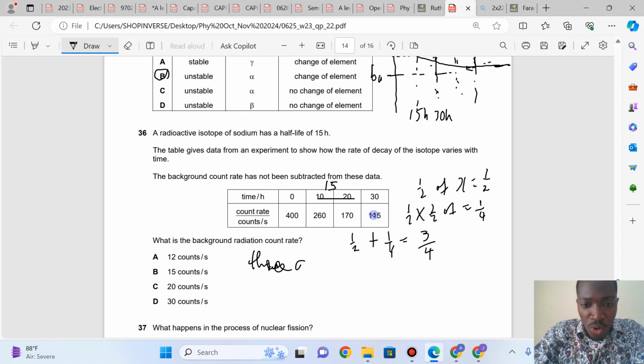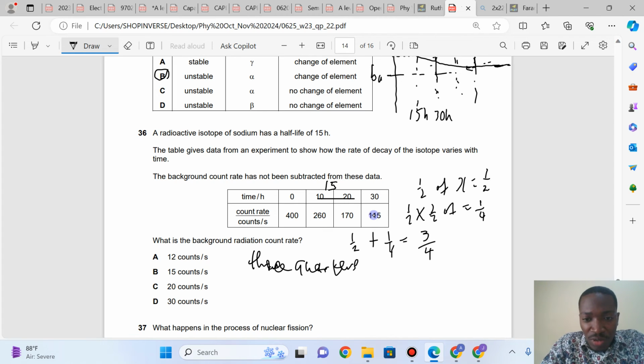Three quarters would have gone, disintegrated from 400 count rates to this 115.